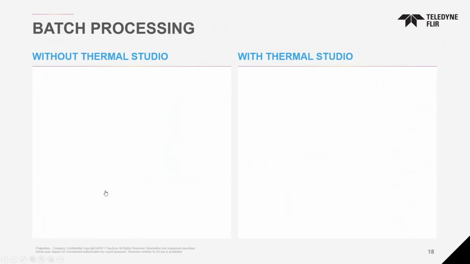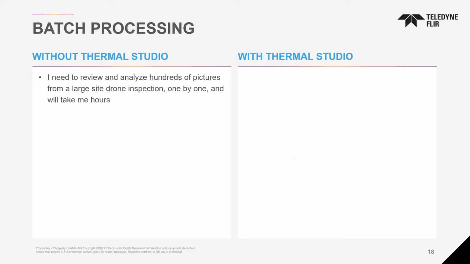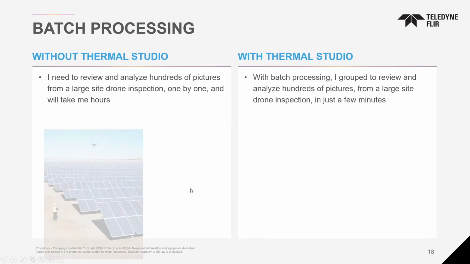All right, batch processing is another nice feature that is new to Thermal Studio. Without batch processing or without Thermal Studio, I need to review and analyze hundreds of pictures from a large site drone inspection, one by one. And this could take you hours to do.